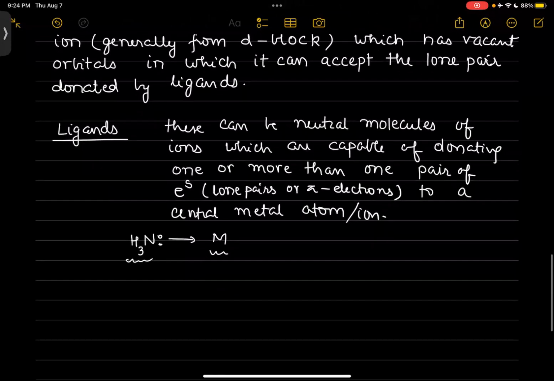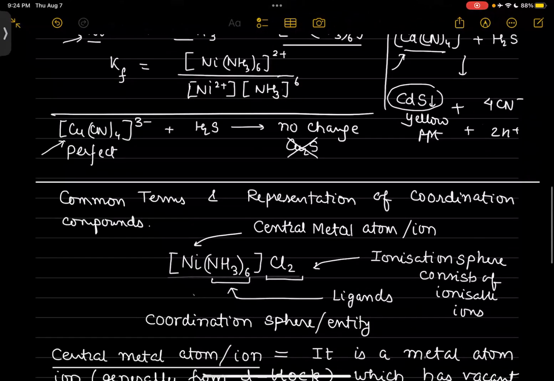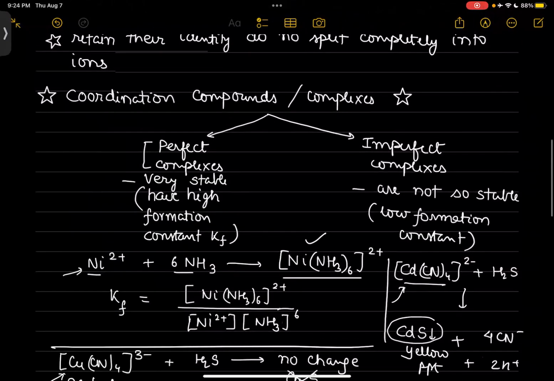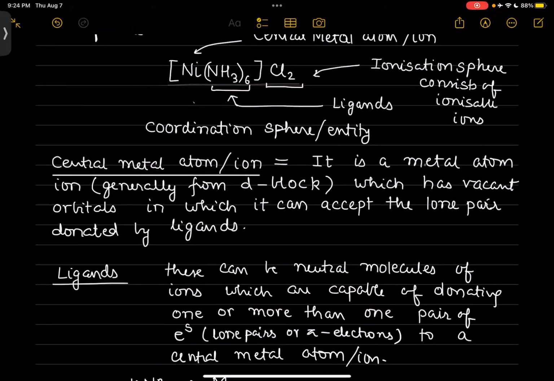The next part is, there are some other things also. We have seen the ionization sphere. The ionization sphere consists of ionizable ions, right? They get separated. So if you put this complex into water, it will give two Cl minus chloride ions into water, because those are present outside the square bracket.